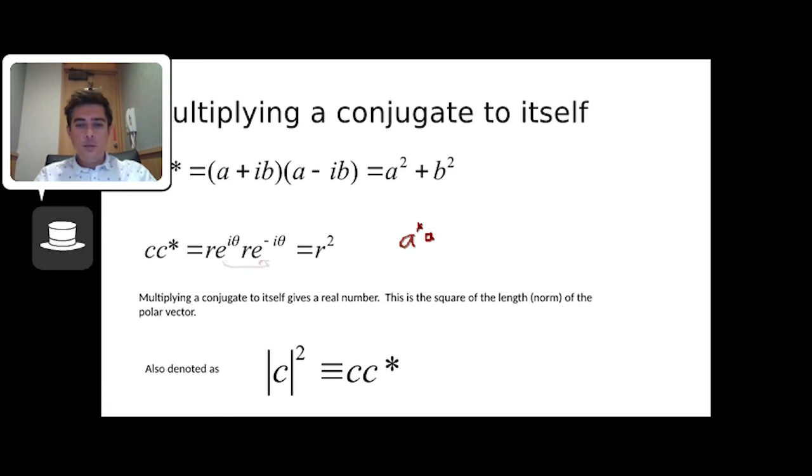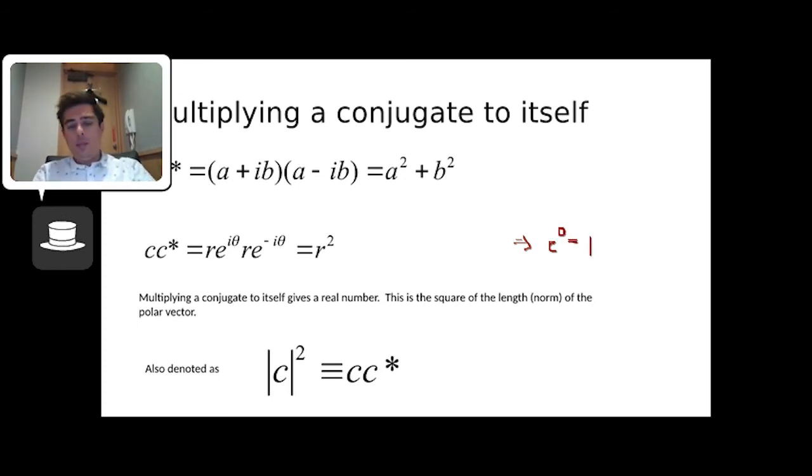In that case, the a here is just e, so we've got e to the i theta minus i theta, which gives e to the 0, and any number to the power of 0 is equal to 1, right? So that's why these parts just give 1, and then this part just gives the r squared.